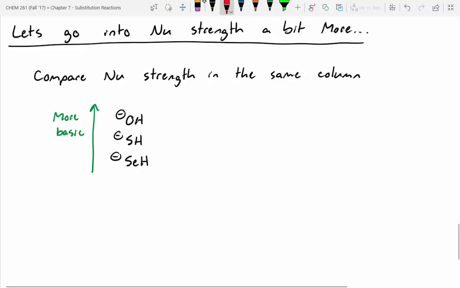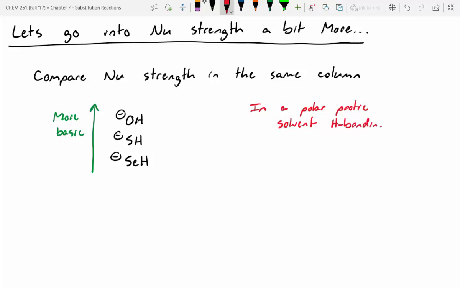And then we have to consider hydrogen bonding, right? So let's say we're in a polar protic solvent. H bonding can occur. All right, which of these will H bond the best with a hydrogen bonding solvent?